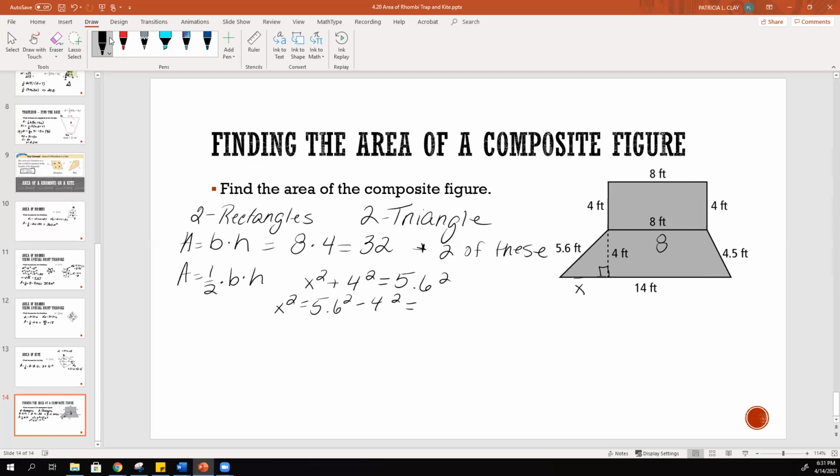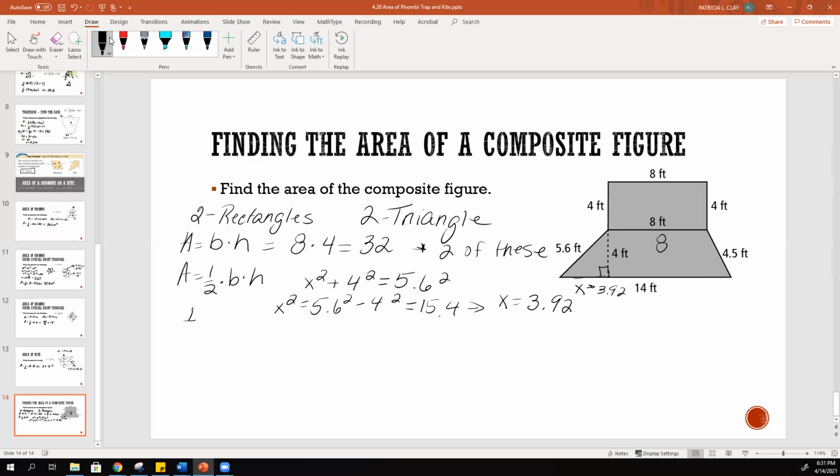Plug that in the calculator and we get 15.4. Now we need to get x by itself, so we take the square root of it. We get 3.92. So that is the base of this triangle.